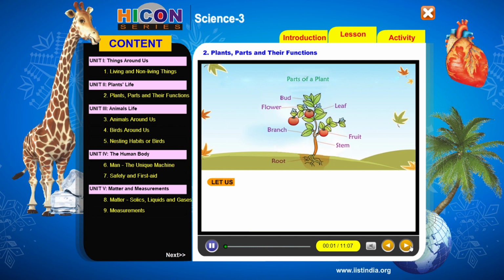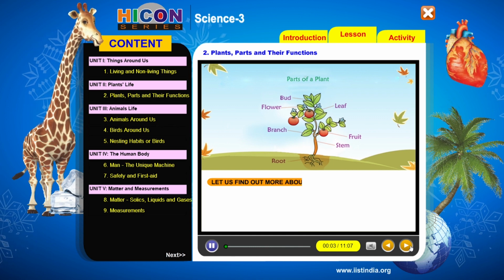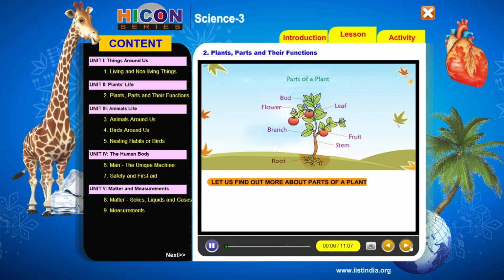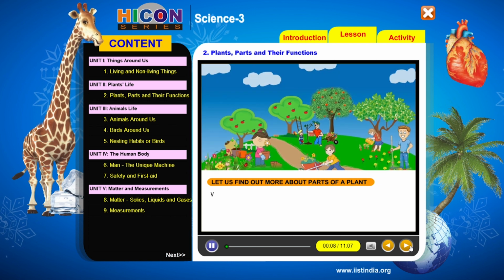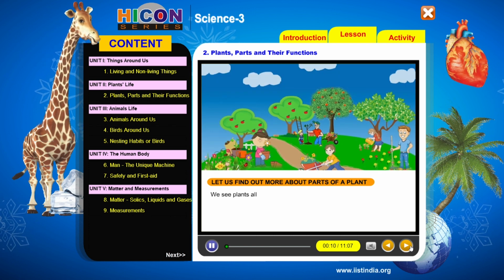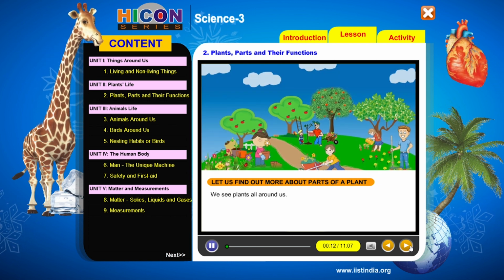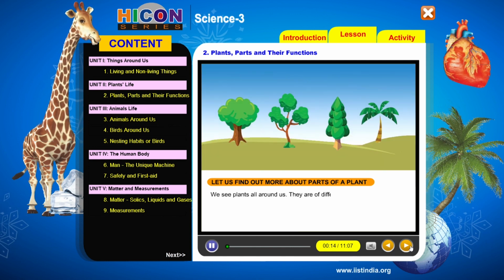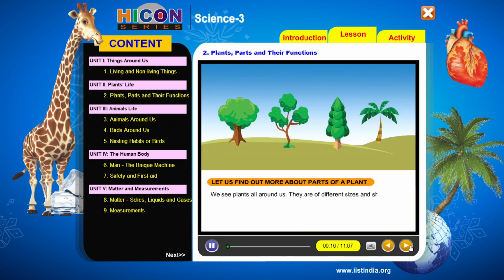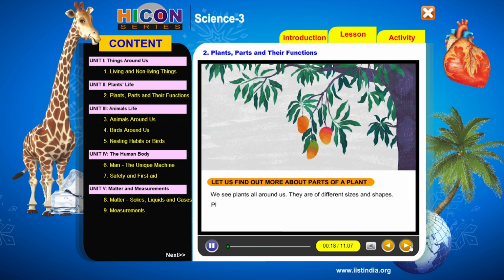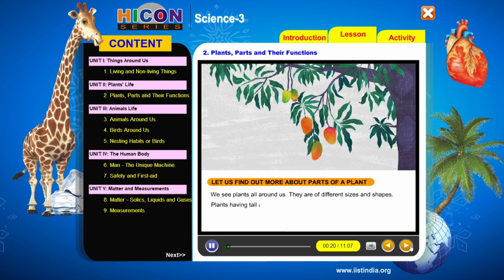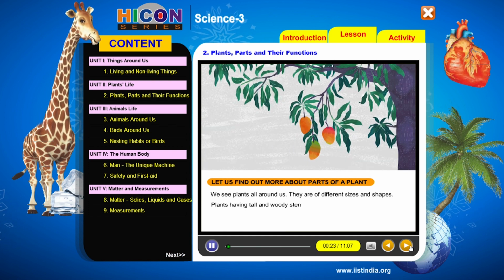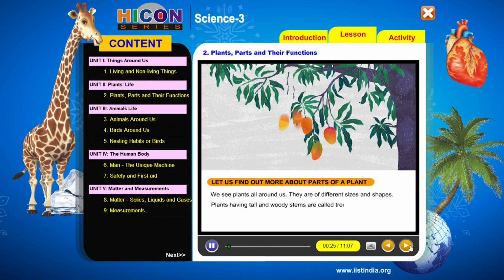Let us find out more about parts of a plant. We see plants all around us. They are of different sizes and shapes. Plants having tall and woody stems are called trees.